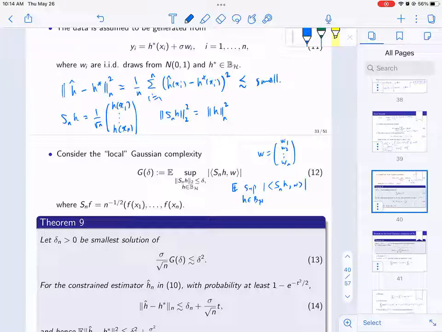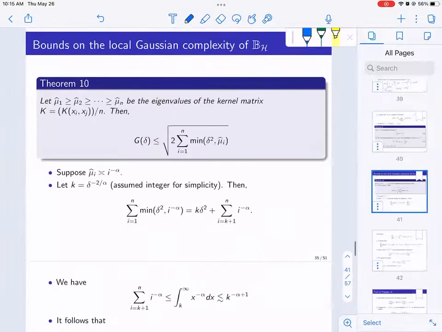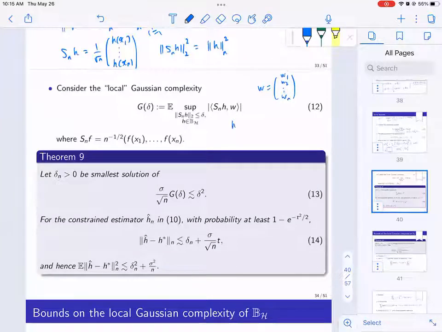The effective thing is that I want to look at the neighborhood of h star, actually. You'll see in the proof that what we basically do is control h minus h star, assuming that the L2 norm of this is bounded by delta, and h minus h star is going to be in twice the Hilbert ball.